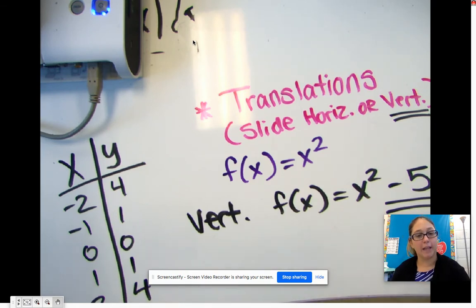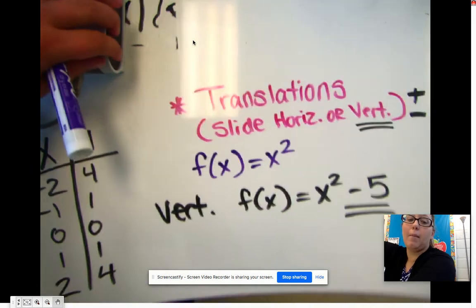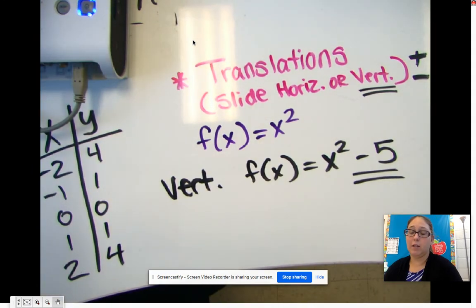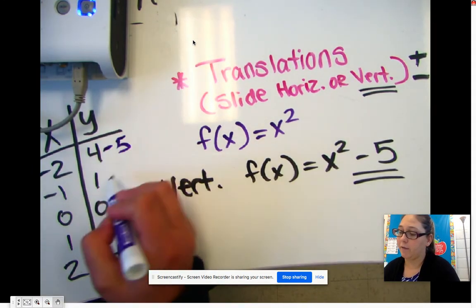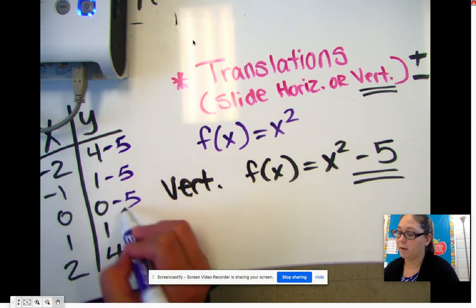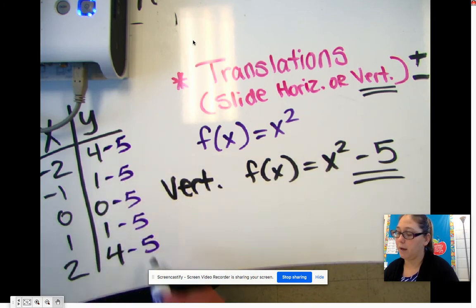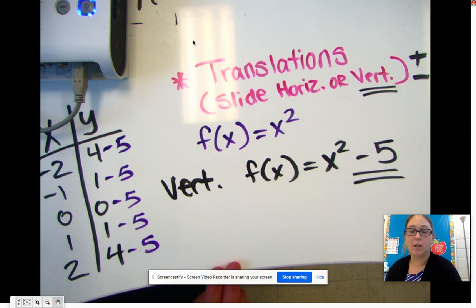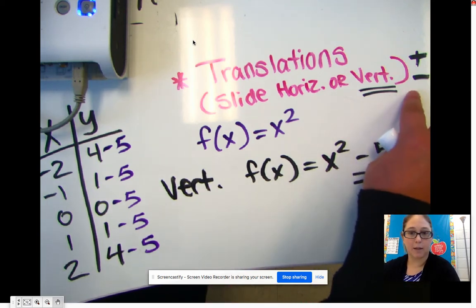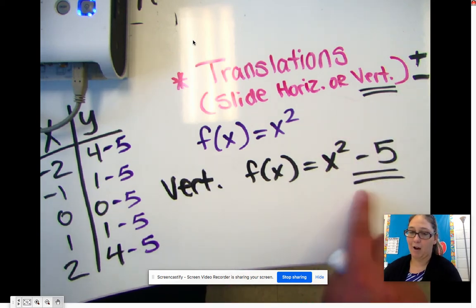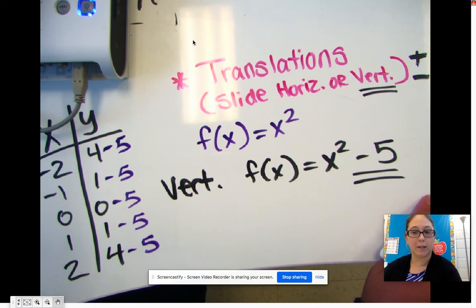So on the table, I'm only messing with the y values. I'm going to be subtracting 5 from my y values, because it's a translation, and so I'm adding or subtracting something. In this case, it's on the outside, and when it's on the outside, it's the y values, okay?